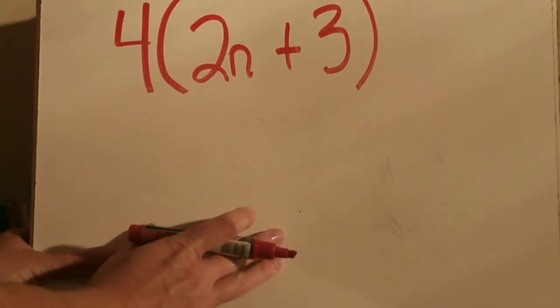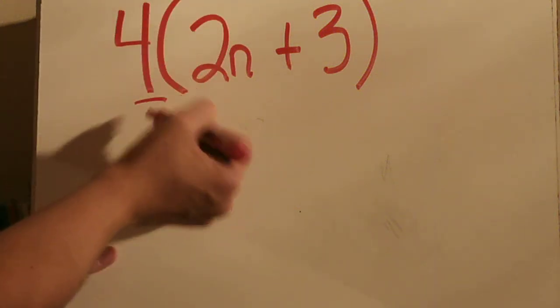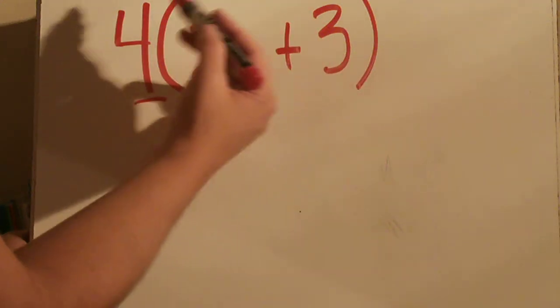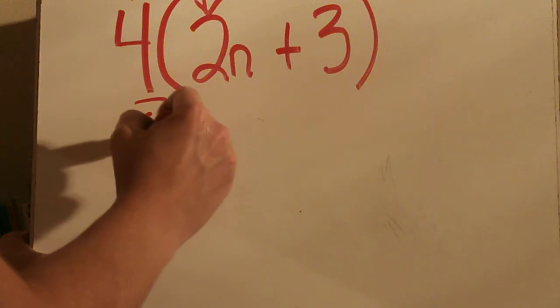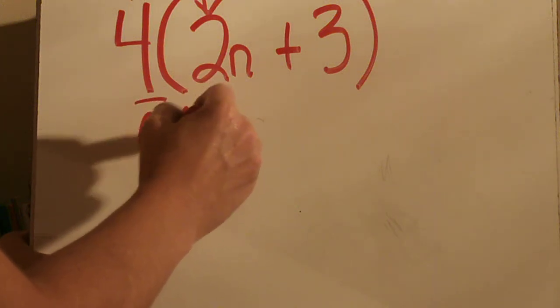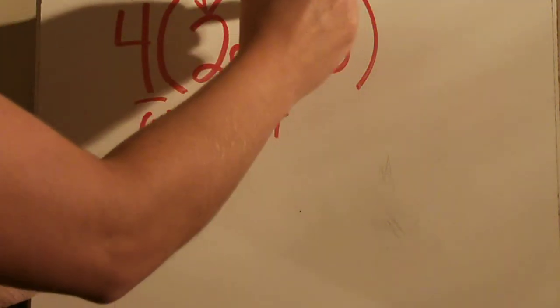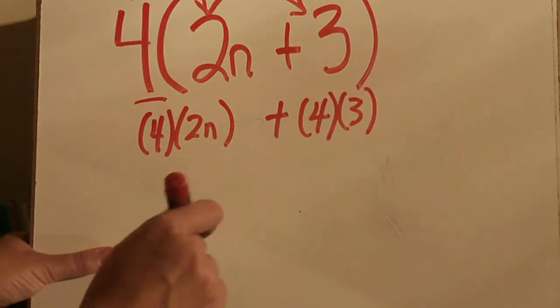The first step, of course, is to multiply the outside term, your 4, by each inside term. So we're going to say 4 times 2n, plus 4 times 3.